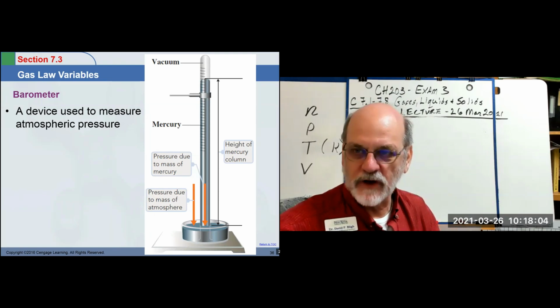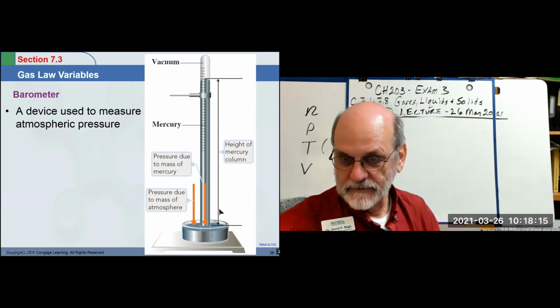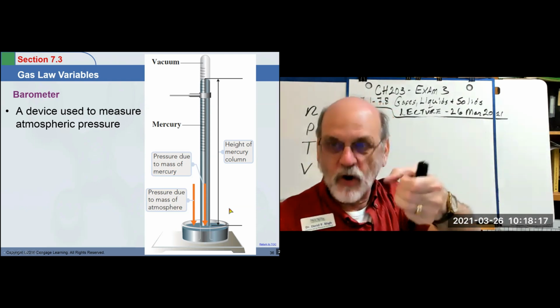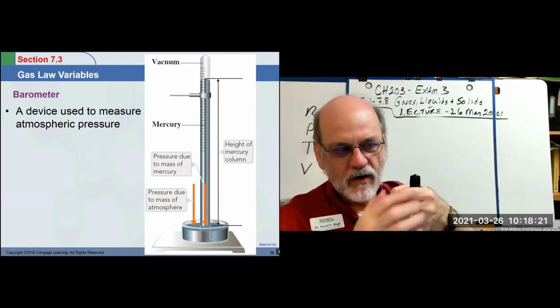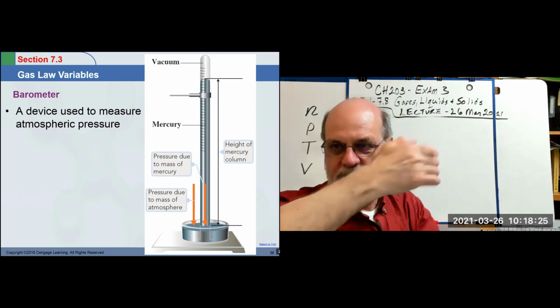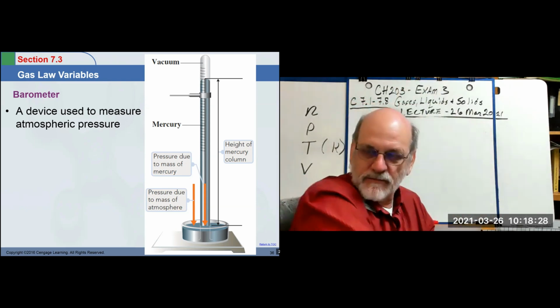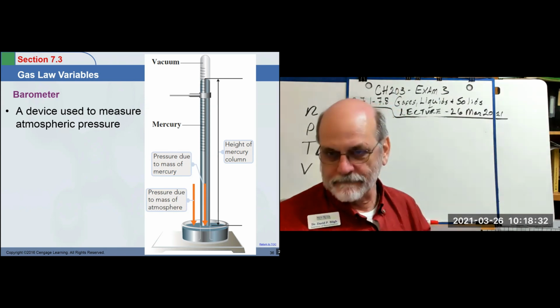So Torricelli went to his neighborhood glass blower, and he got a tube of uniform diameter and closed at one end, open at the other. And he took it open end up, and he poured mercury into it, all the way up to the top. And he capped it with his thumb, and then inverted the glass and submerged his hand in the pool of mercury and turned it loose.